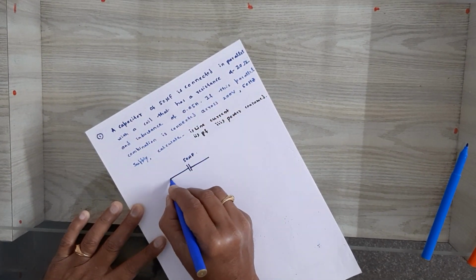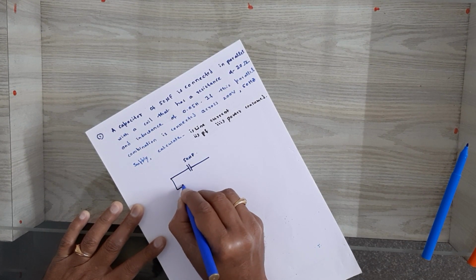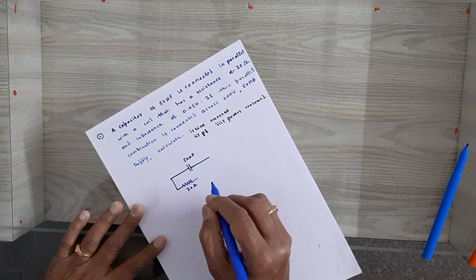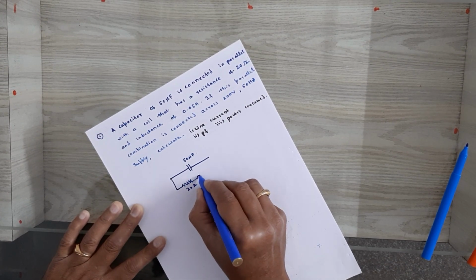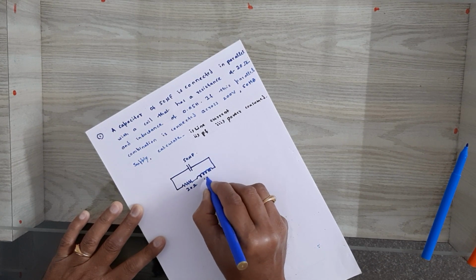In the other branch, we have got a coil having a resistance of 20 ohm and inductance of 0.05 Henry.